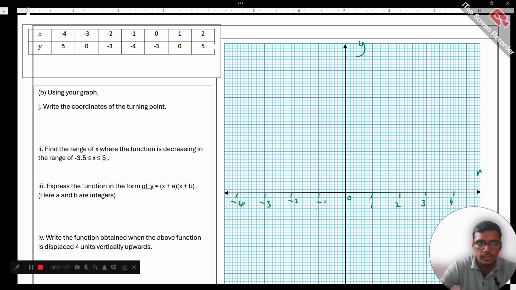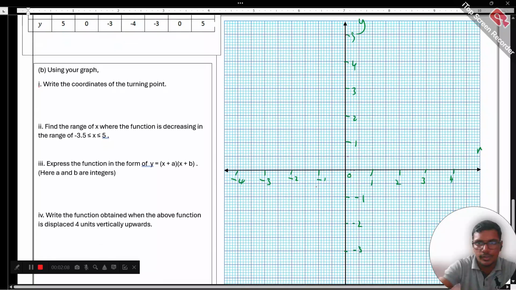In the y-axis, we want till 5. 1, 2, 3, 4, 5. Negative side we need till -4. -1, -2, -3, and -4.